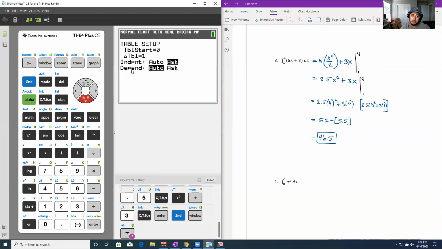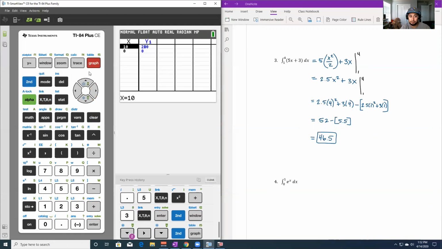But if not, just go down to independent and make sure it is on ask. Hit enter on that. And then you're going to do second graph. And you can clear out numbers here as well. I can get rid of all the numbers by hitting delete. So I'm going to type in the top of the interval, 4, 52. I'm going to type in the bottom of the interval, 1, 5.5. 52 minus 5.5, 46.5. So that's how you work it on your calculator.